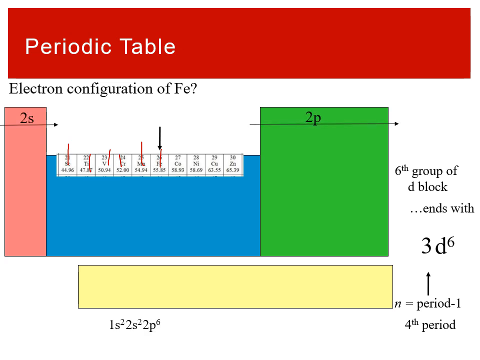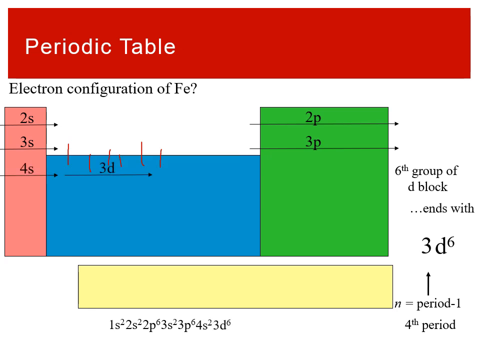Everything below 3d6 is guaranteed to be full, so we don't need to think about any of that. We just follow the Aufbau ordering, 1s, 2s, 2p, and put as many electrons as possible into those subshells. Then 3d has 6 electrons inside of it. And that is guaranteed to be iron.